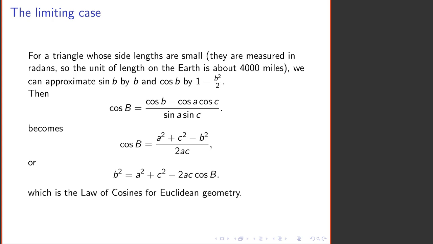And in that case, we can approximate the sine of b by b and the cosine of b, not by 1, that's too crude an approximation, but by 1 minus b squared over 2.